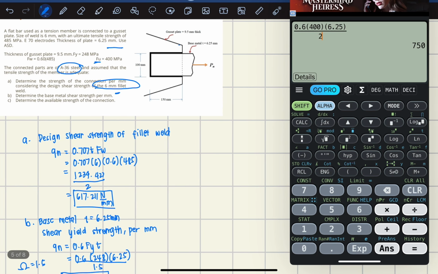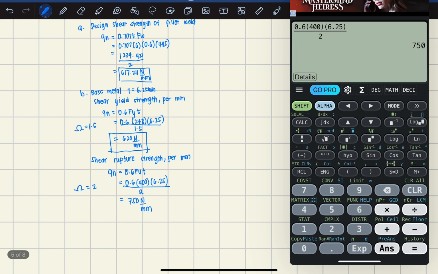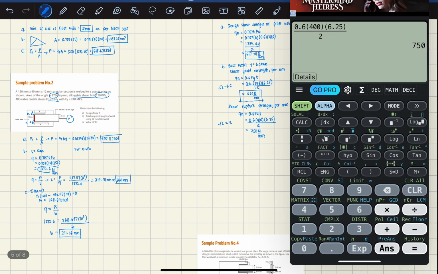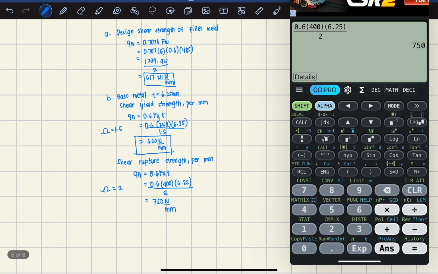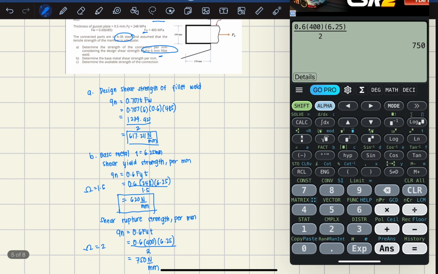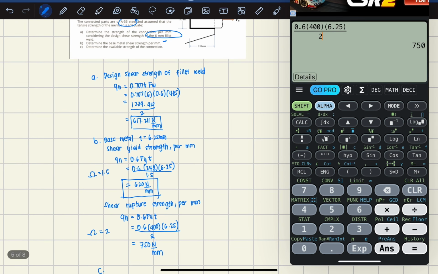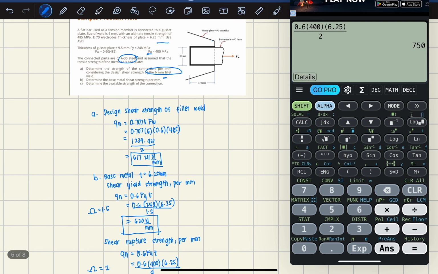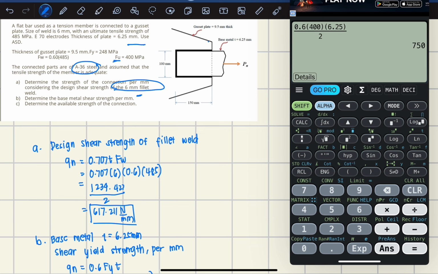Next, letter C. Letter C na tayo. So, letter C, determine the available strength of the connection. Diba yung nagko-connect sa metal base plate natin is yung welds, tong welds na to.